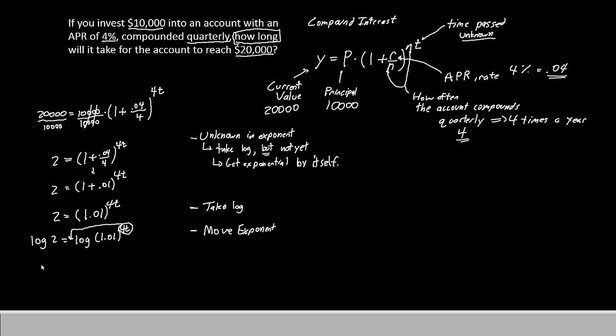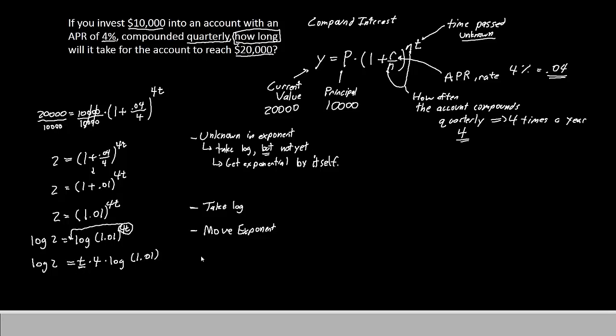So now our equation looks like this. Still log of 2 on the left. The 4t comes down to the front, but I'm going to write it in opposite order for clarity. We'll have t times 4 times log of 1.01.